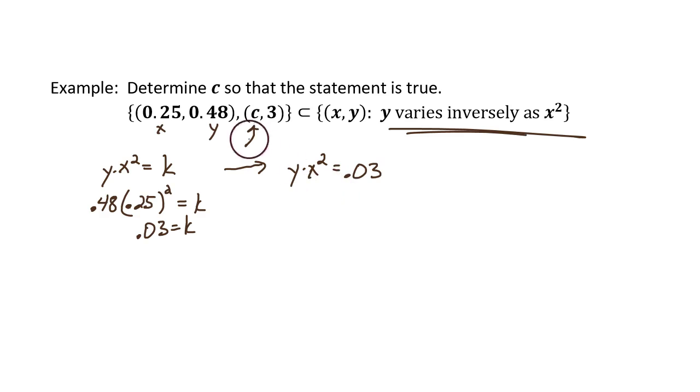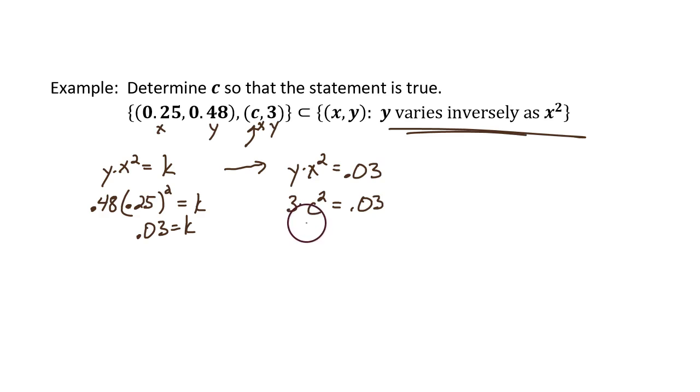Now what? How can we figure out the value of c? Well, what is the value of c? It is the x-coordinate of that ordered pair, and the 3 is the y-coordinate. So for the letter y, fill in 3. For the letter x, fill in c. Now solve this equation for c.